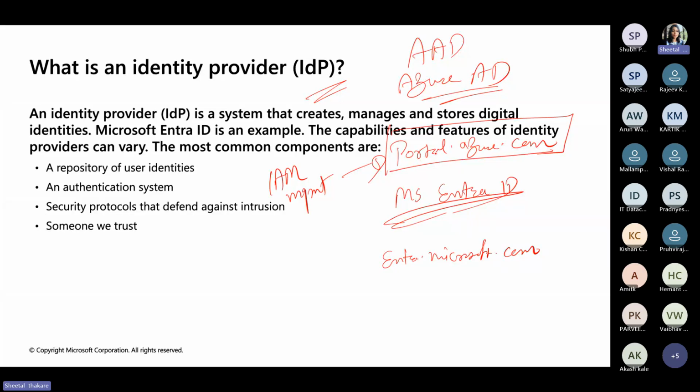Still the features are there in portal.azure.com. Most of them are similar. You will find 60-70% of all the features can be configured in a similar manner from both the portals related to identity and access management. This is portal.azure.com.